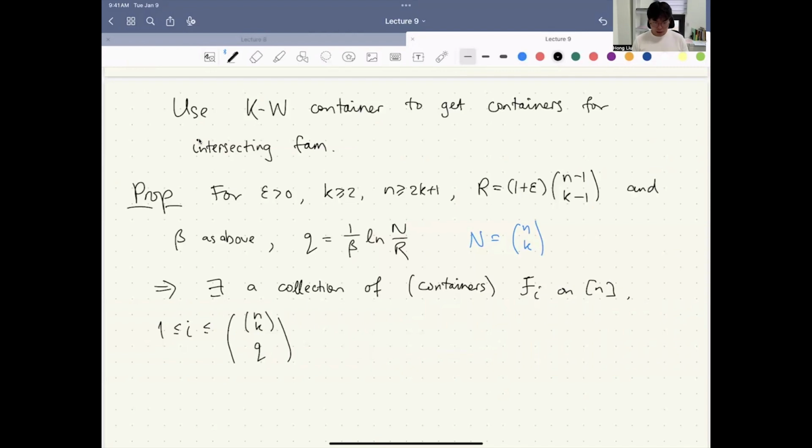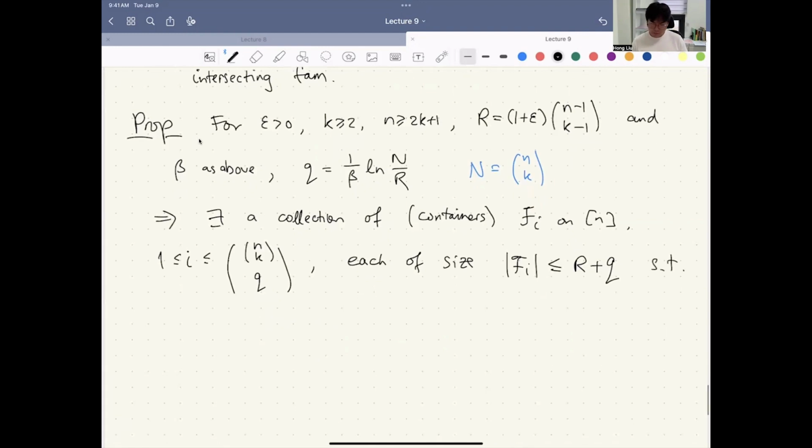Okay. Each of size, this container is not too big. Size means the number of k-sets in F is at most capital R plus Q, such that for every intersecting family F, there exists I such that F, this intersecting family, is contained in one of our containers.